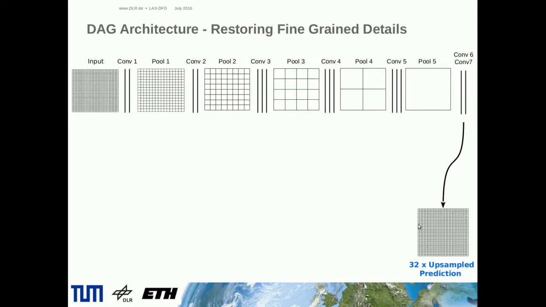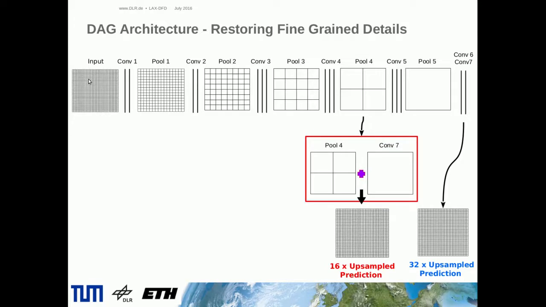Here we have the output, where we have to upsample 32 times to get back to the input resolution. We upsample it by a factor of 2, so now it's 16 times downsampled, and we introduce a connection from this layer to this upsampled information, and this compensates slightly for the lost fine-grained details.